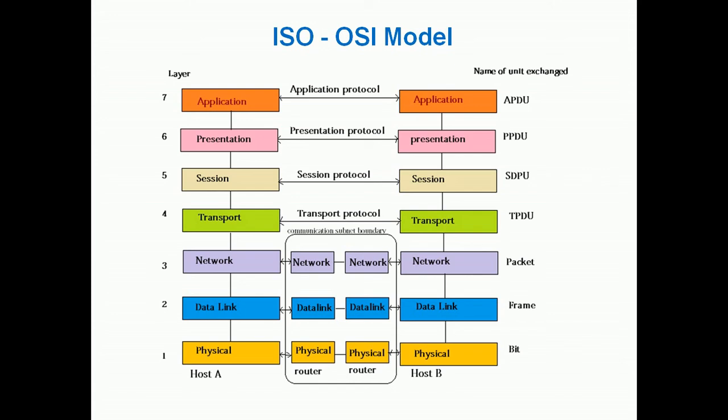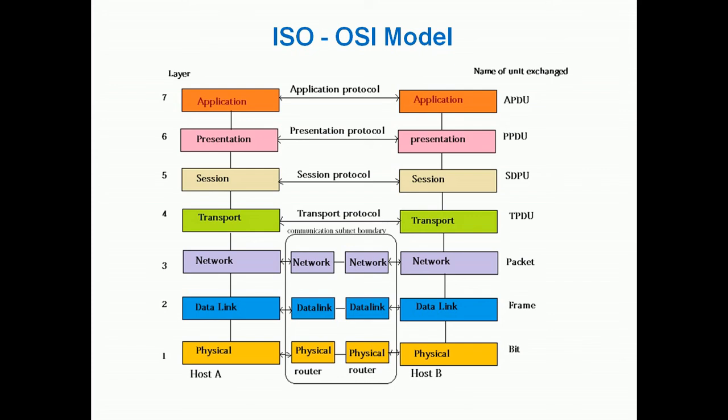So in this OSI model, there are 7 layers. The first 3 layers are network support layers, and the upper layers, 5th, 6th, 7th, are user support layers. And the transport layer acts as a bridge between network support layers and user support layers.